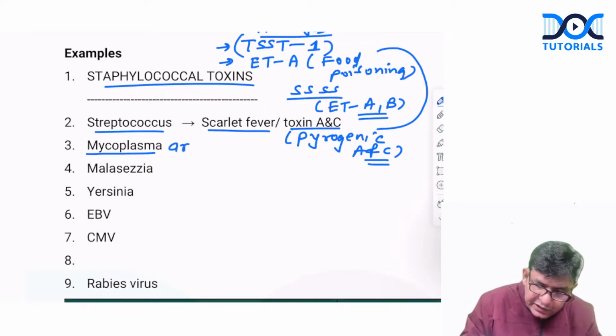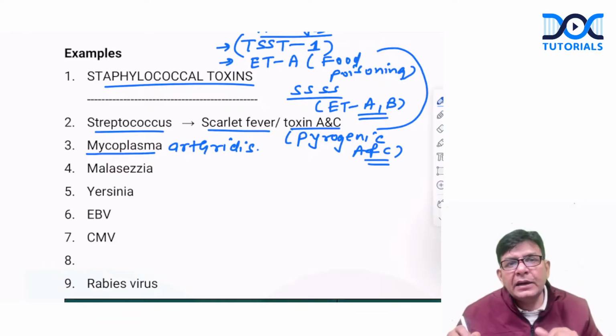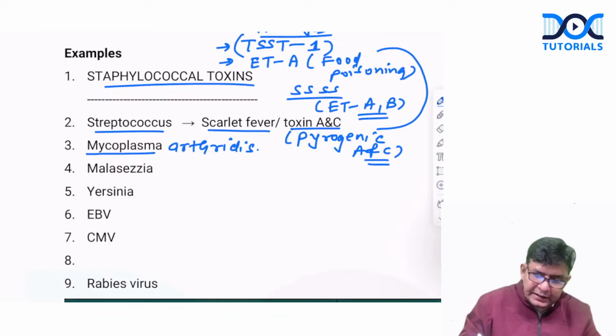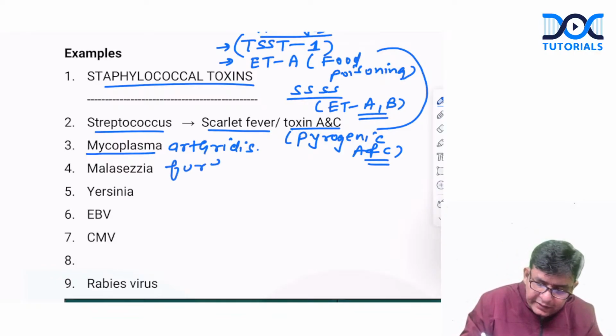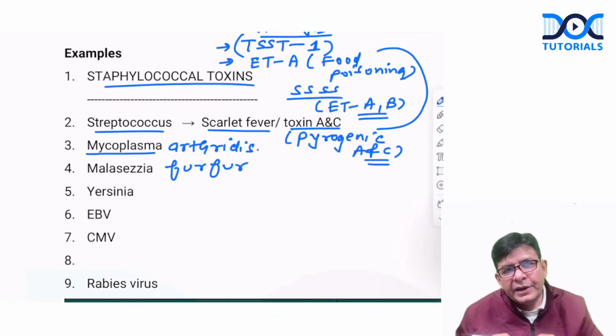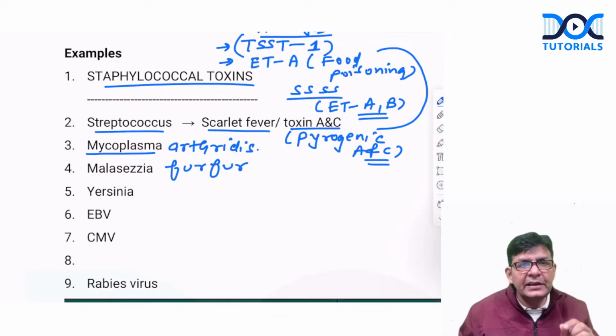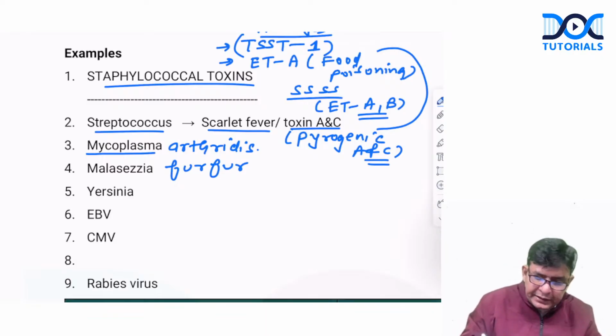Mycoplasma, one species behaves like a mitogen, and the name is Mycoplasma arthritidis. Then you have Malassezia furfur, which causes tinea versicolor. This can also behave like a superantigen.